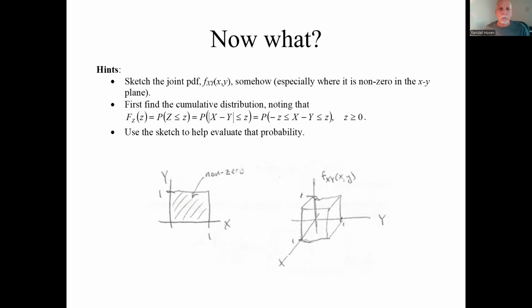The joint PDF is just a product of the individual PDFs, which were each one between 0 and 1. So the joint PDF is just this unit cube. And all it will mean to integrate over a region is to find the area of the region in the XY plane, and then multiply by this height, which is just 1. So all we need to do is find the area of this unit square where this is true.